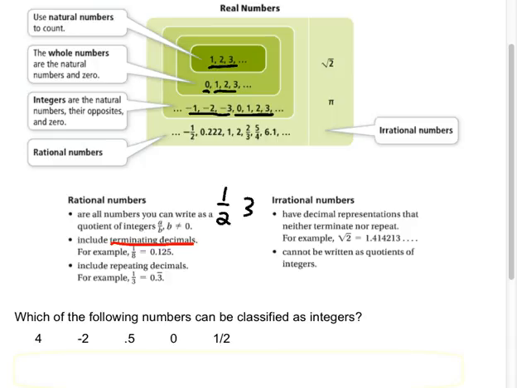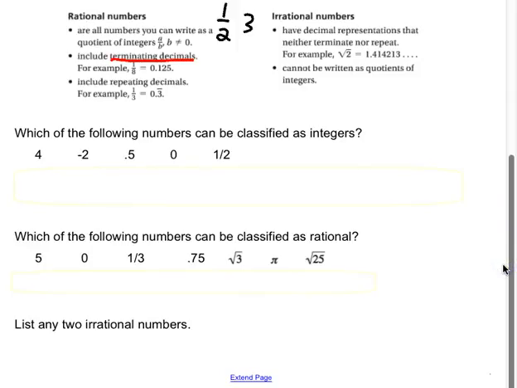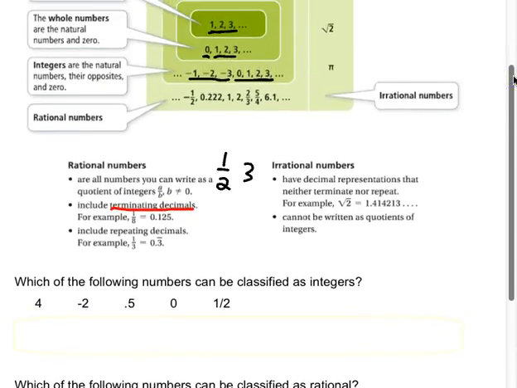So now that you've had brief exposure to all of these, let's talk about how to classify them. I could ask you, which of the following numbers can be classified as integers? When we think of integers, if we look back at that chart, the integers were all of the counting numbers, zero, and their negatives.